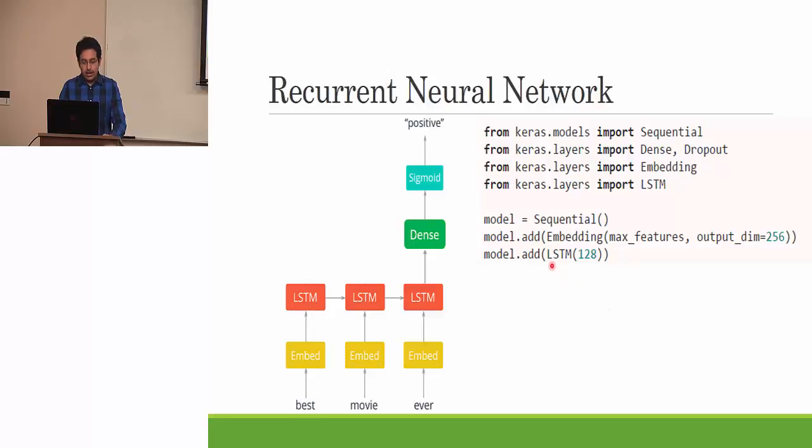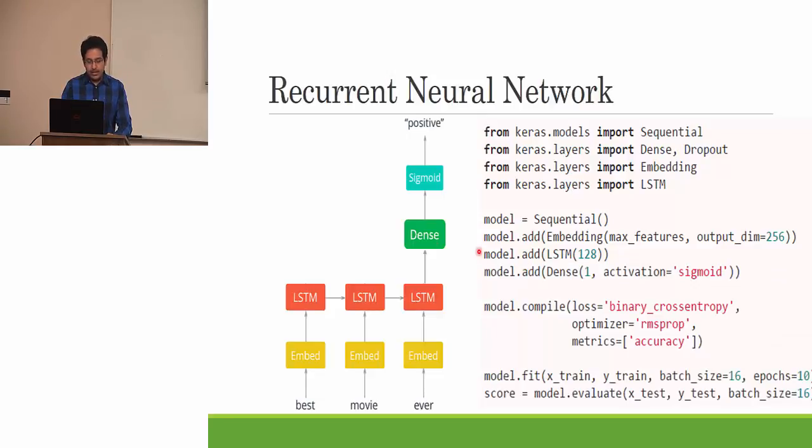The next layer is the LSTM. The 128 value that we see here is the size of the output vector of the LSTM. The LSTM takes an input and then spits out an output, so the output dimension has to be specified. It's a 128 dimensional vector. You can specify this to any number, and this will change the performance of your network.